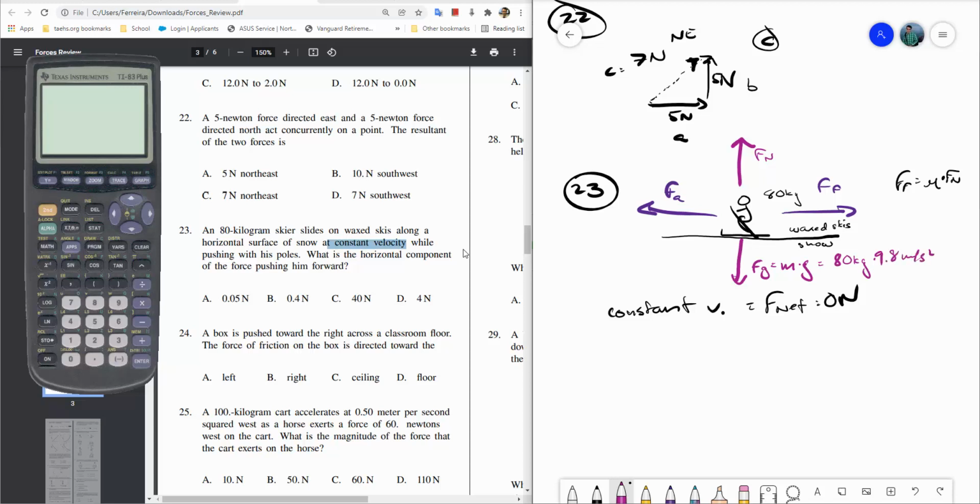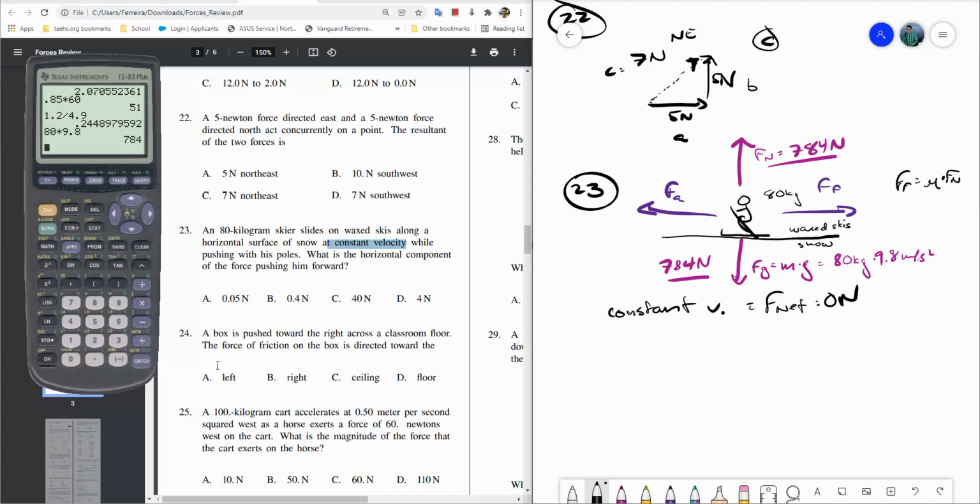So the force of gravity is 80 times 9.8. Should be like, what, 77? I don't know how to do my math. 784 newtons is the force of gravity, which means the normal force is 784 newtons up.